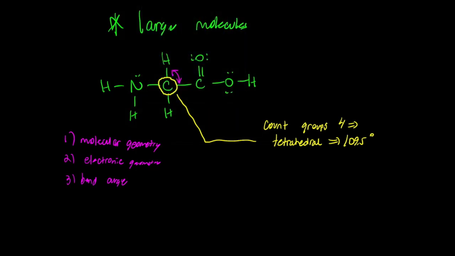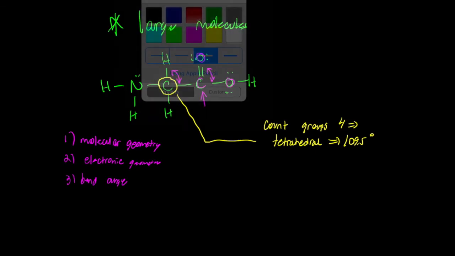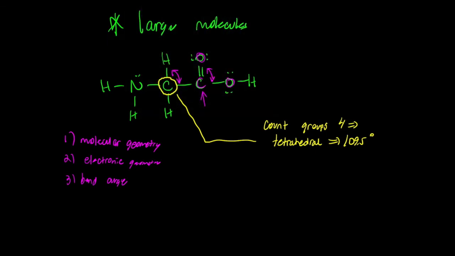What if we were asked to identify, okay, what is this bond angle between the oxygen, carbon, oxygen? Okay, is it 120, 90, 180? What is it supposed to be? All right, so again, what you do is you look at this as the central atom and you count groups. Now here I'm going to slow down a little bit in case I lost you. When you count groups to this carbon, this is one group.